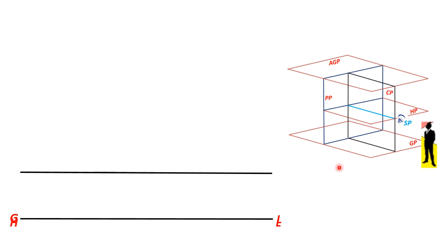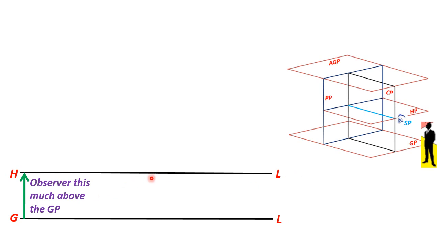Also, the horizon plane appears as a line. So, the ground plane is represented with GL, ground line, and the horizon plane is represented with HL.